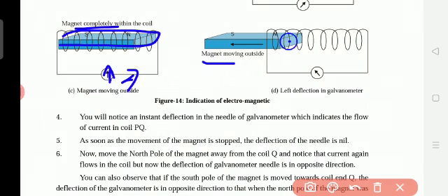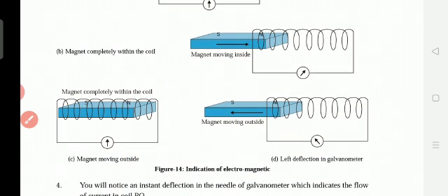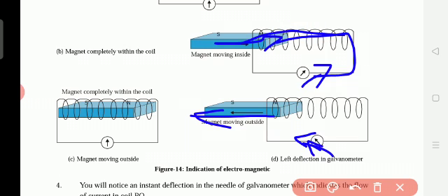When the magnet moves outside the coil, first we put it inside the coil and then remove it, the deflection is on the other side. When the magnet moves this side, it shows deflection this side, meaning electricity flows in that direction.